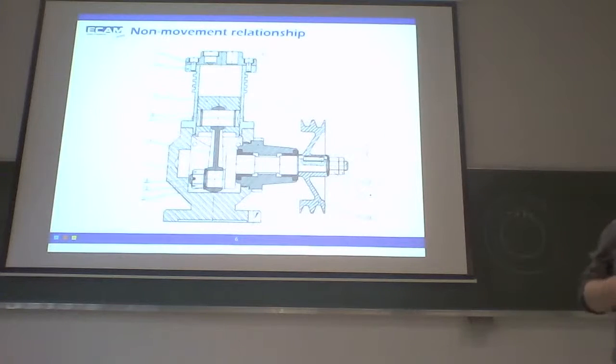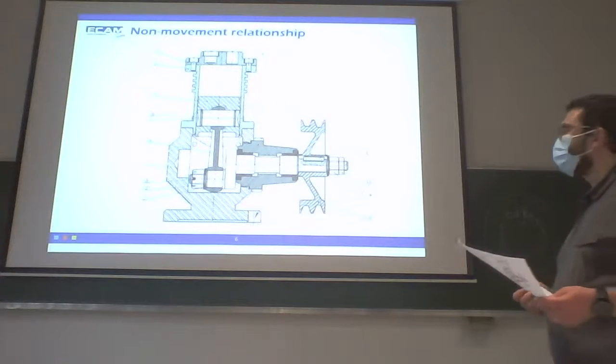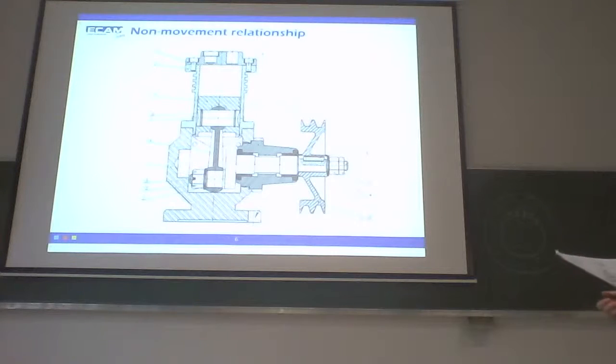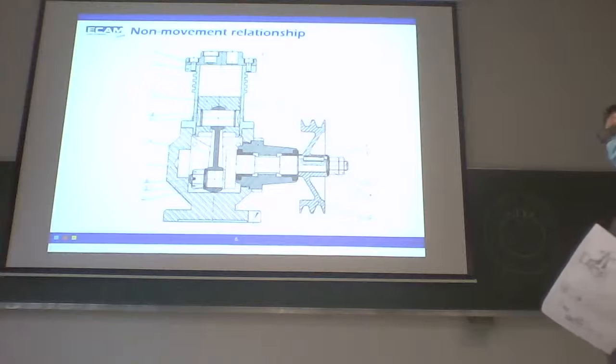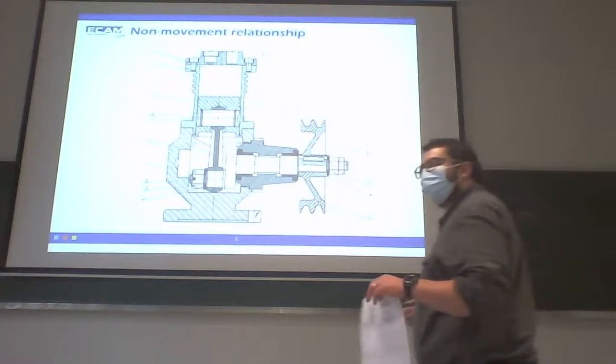Use pencil color to identify the groups, or the non-movement relationship graph, to identify the different groups. For this example, you need to find 4 different groups.